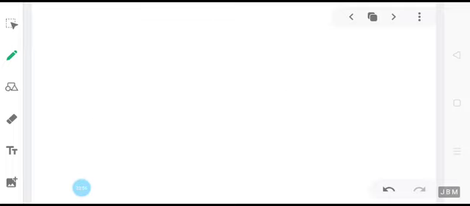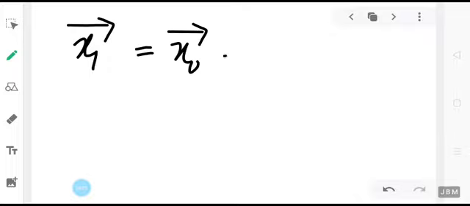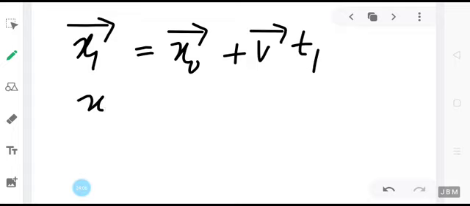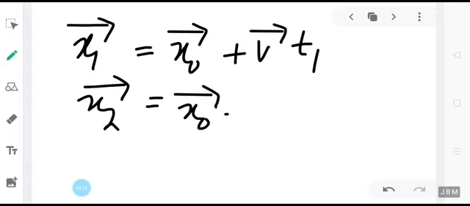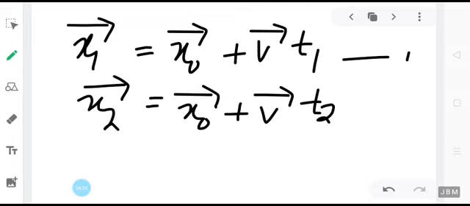Substituting the values, we will get x1 equal to x0 plus vt1 and x2 equal to x0 plus vt2. Let us mark it as equation 1 and equation 2.